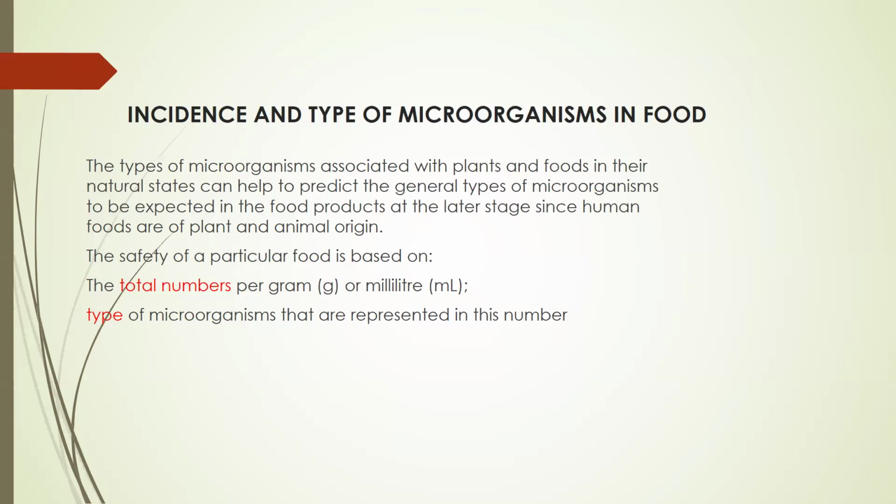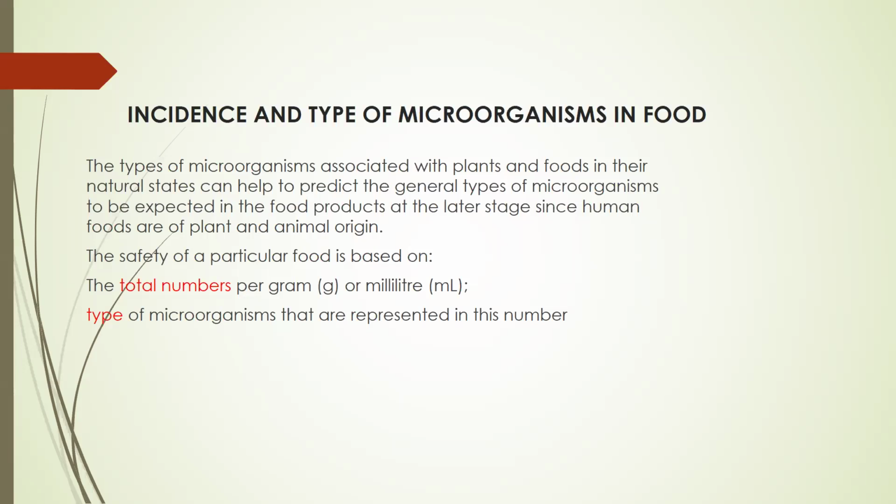So when you have a fresh food and you isolate the organisms, you see maybe the natural organisms that are supposed to be there. But later, when you start seeing changes in the colony of microorganisms, you know that these food products have been contaminated.